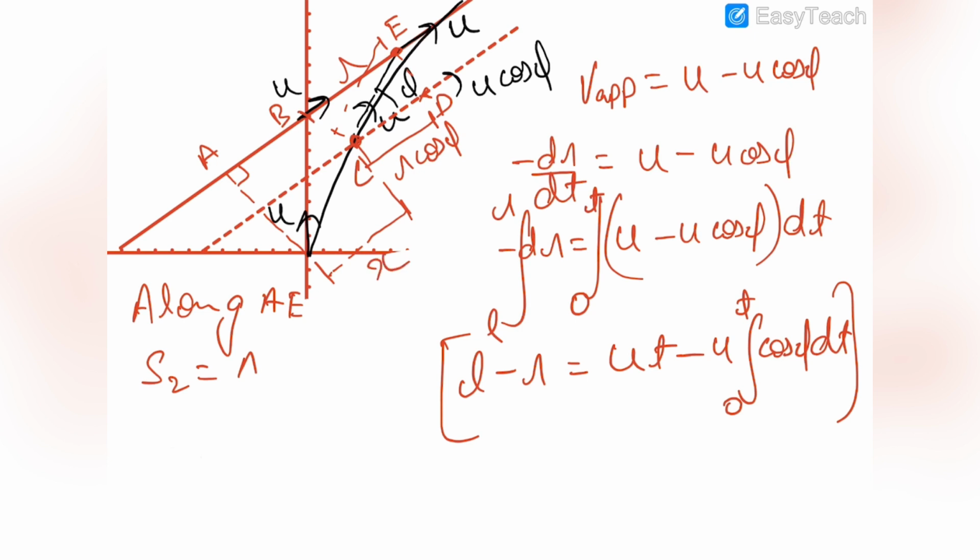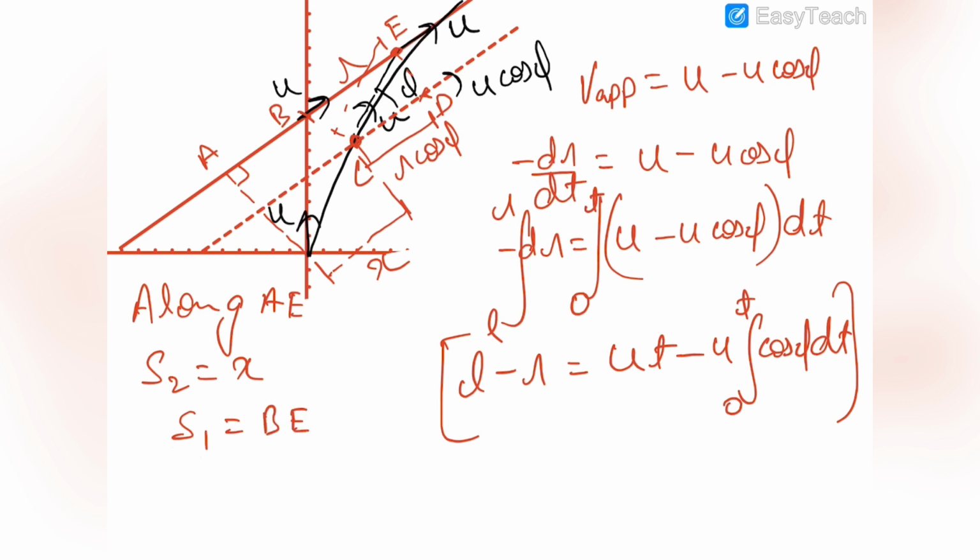Let us suppose that this is x. So x, this is the distance traveled by the second particle, and the distance traveled by the first particle along this line is BE. S first is BE.